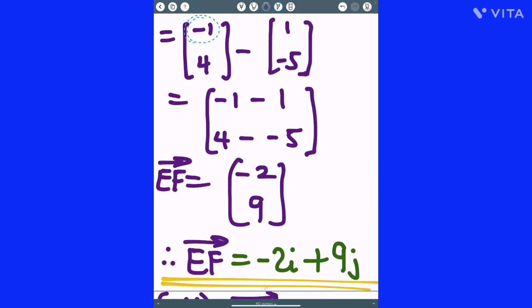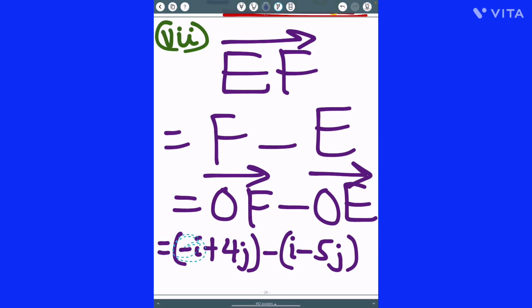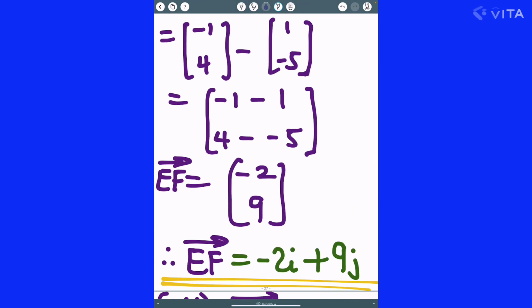I'll write my vectors in column form: minus 1, 4, minus 1, minus 5. Take note of my arrangement. The minus 1i, I wrote minus 1 for it. The 4j, I wrote 4 for it.